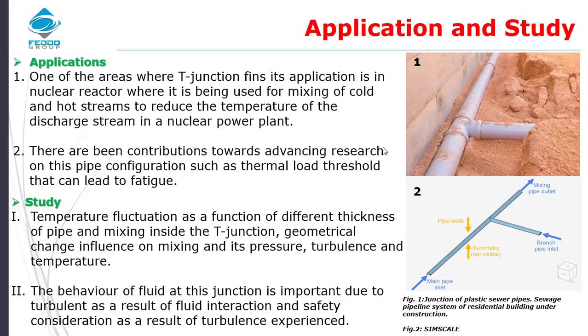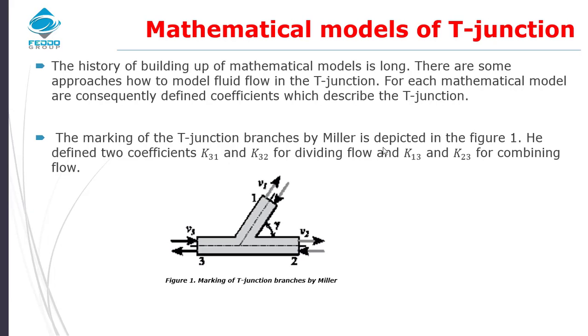The mathematical models of the T-junction: the history of building up a mathematical model is long, really. There are some approaches to model fluid flow in the T-junction. The mathematical model uses defined coefficients which describe the T-junction.